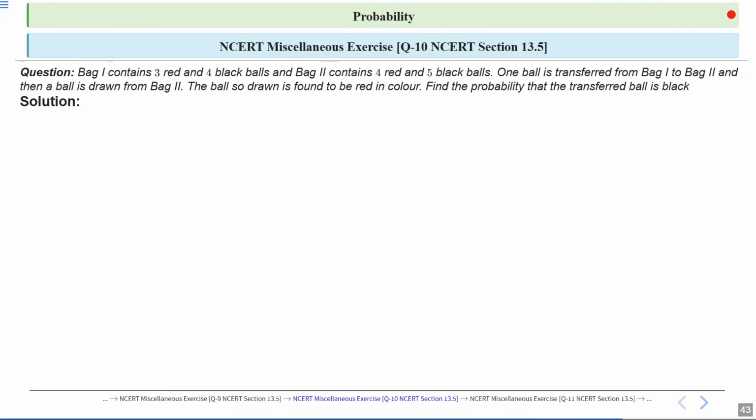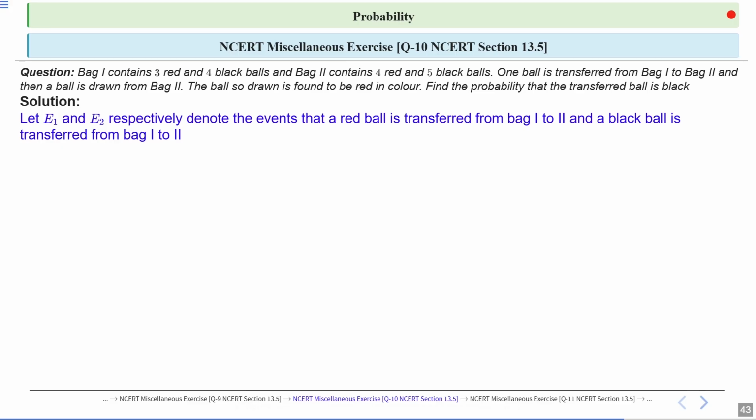So let's start the solution step by step. First, let E1 and E2 respectively denote the events that a red ball is transferred from bag 1 to 2 and a black ball is transferred from bag 1 to 2. Probability of E1 is 3 by 7 and probability of E2 is 4 by 7.